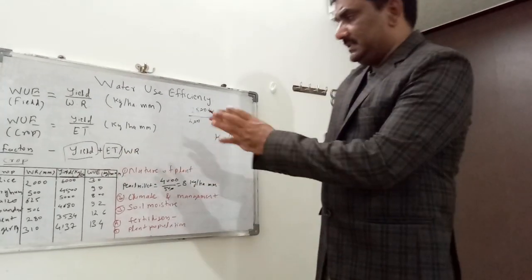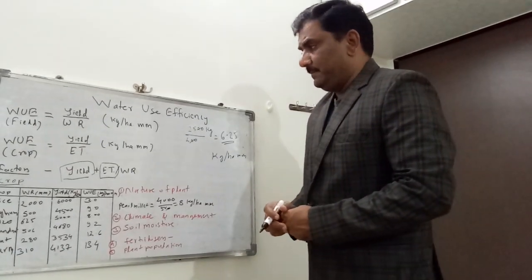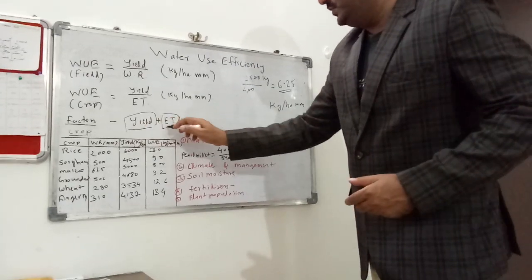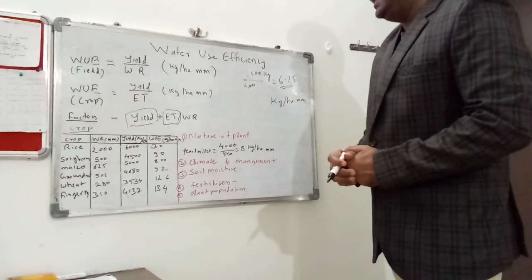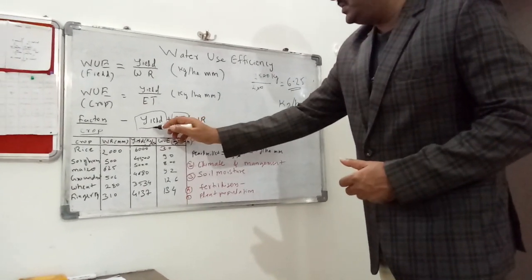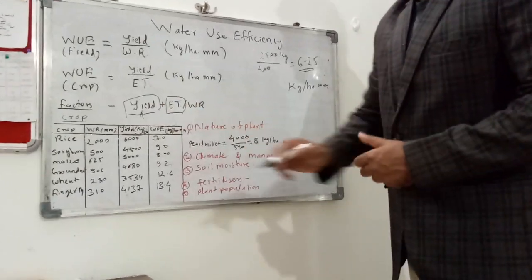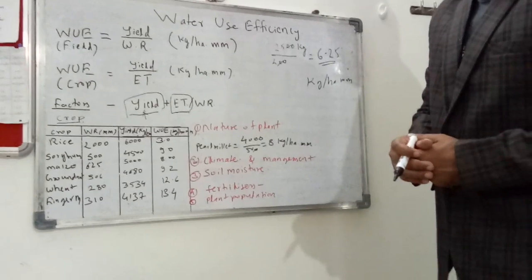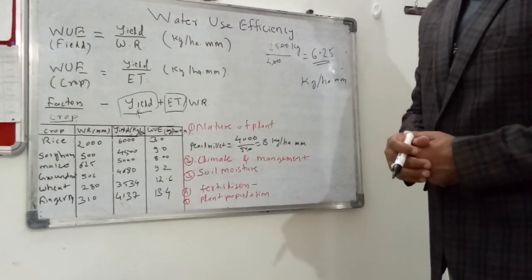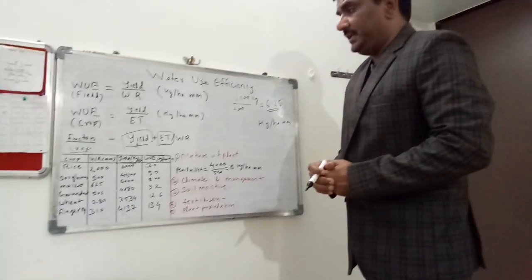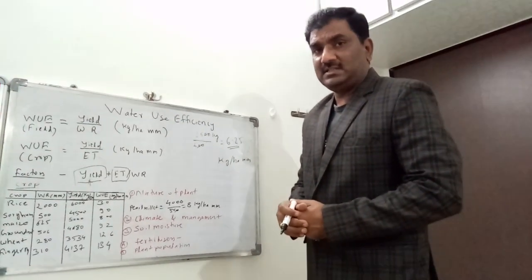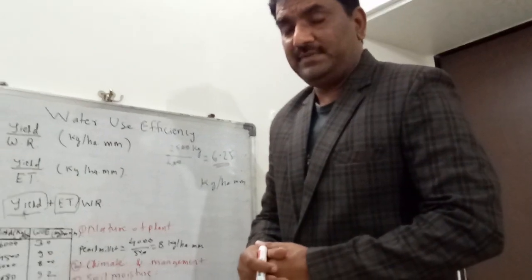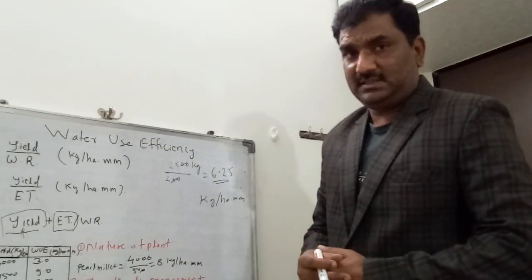If we see closely, we can observe that both factors affect these two differently. Yield is affected by the crop growth capacity, plant characters, or management factors like fertilizers, pest management, etc. Whereas evapotranspiration is influenced particularly by climatic factors.